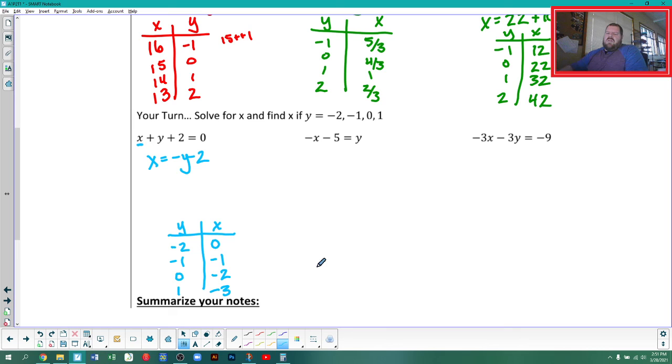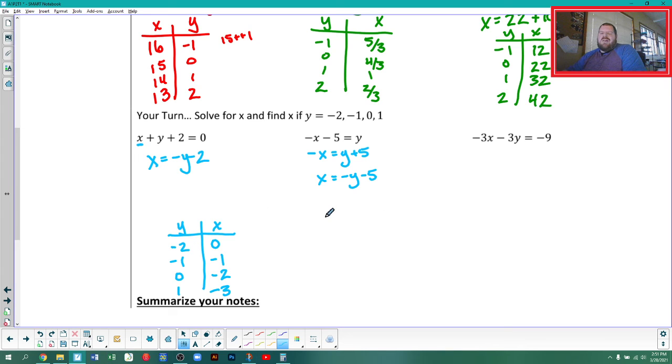Let's see, this one I want to solve it for x, so I'm going to add 5 first. Y plus 5. And then I want to divide by -1. Now, dividing by -1 really just switches all the signs. So we're going to have -y minus 5.